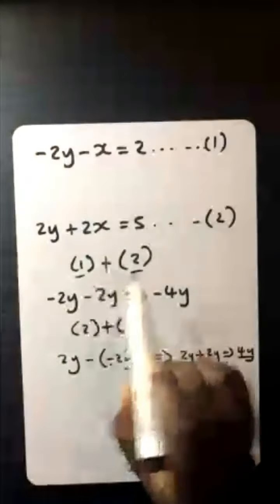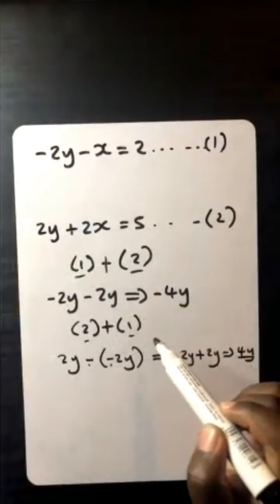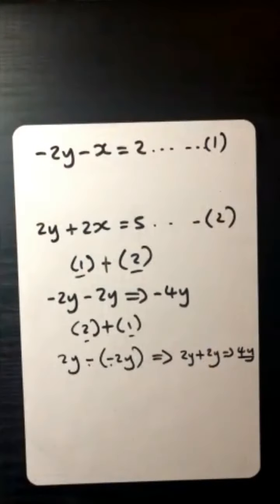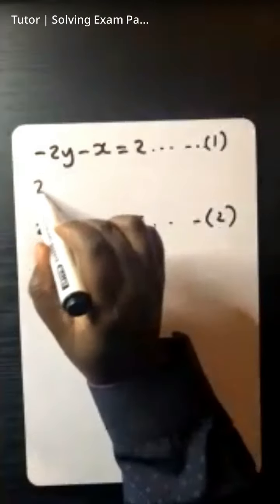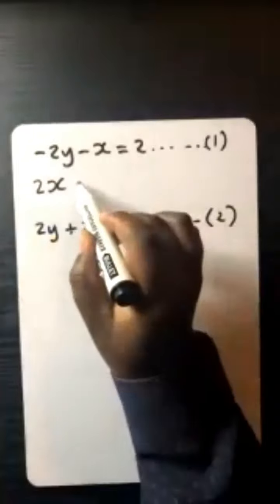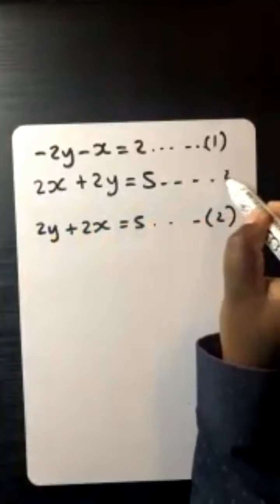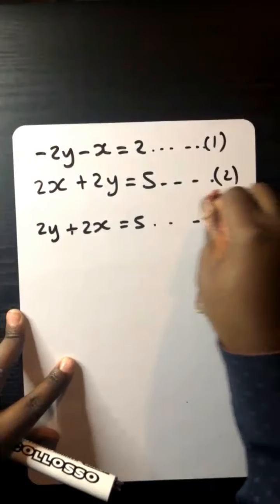Even if you say equation 2 plus equation 1, you still get the same answer by eliminating that part. So in this case, you've got multiple choices: using the elimination method, or making x the subject of the formula, and then from there you solve for the unknown. So this was plus 2y equals 5, and this was equation 2. Are you satisfied with that one, Ken?